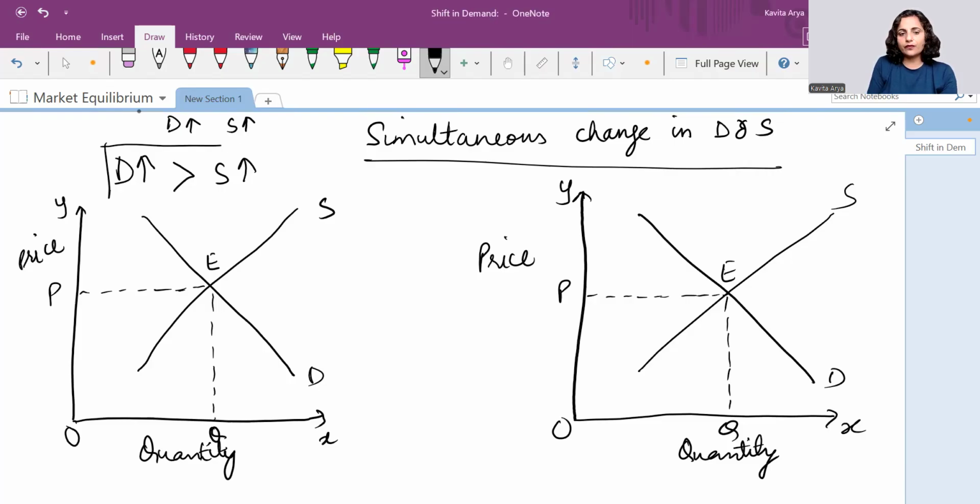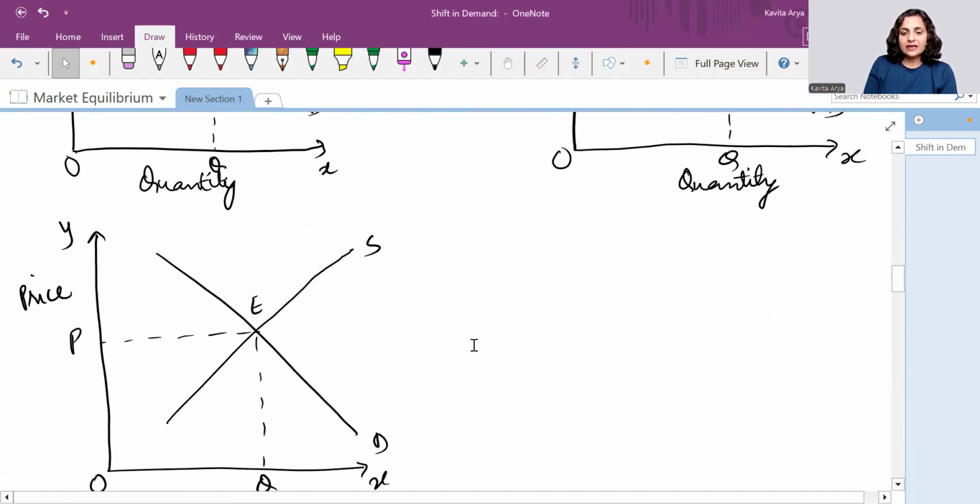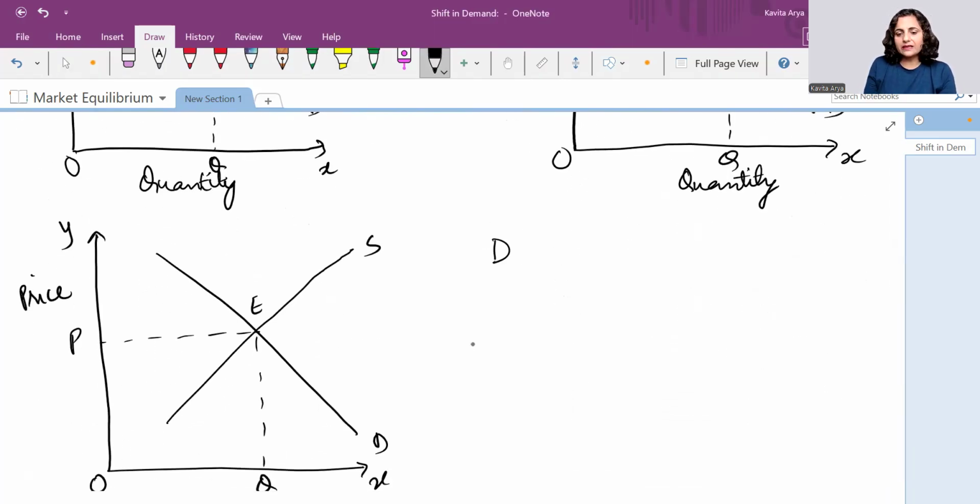The second situation is when the increase in demand is lesser than the increase in supply. And the third situation is where the demand increase and supply increase are equal.